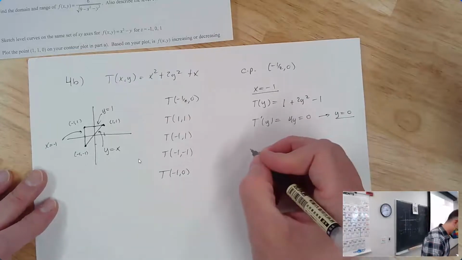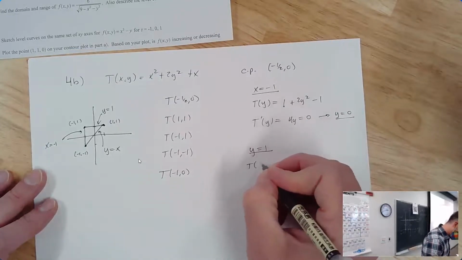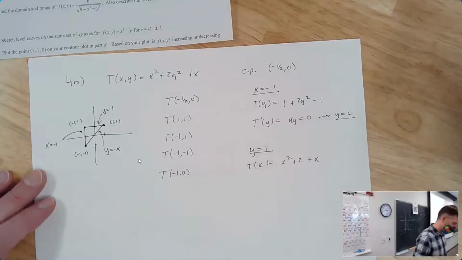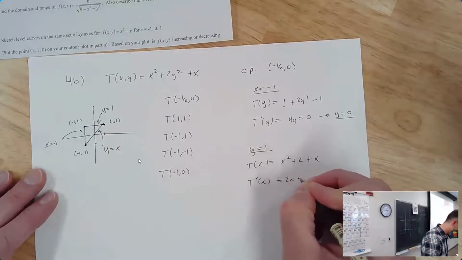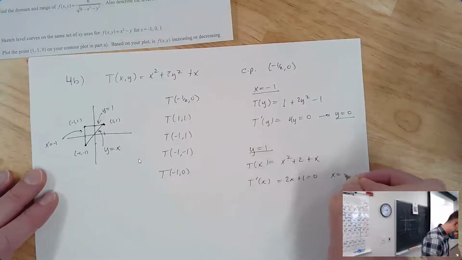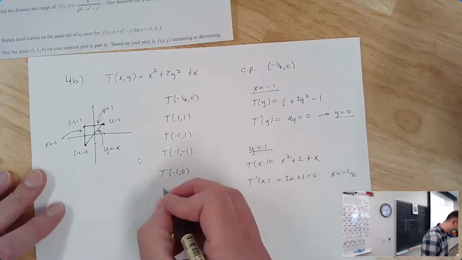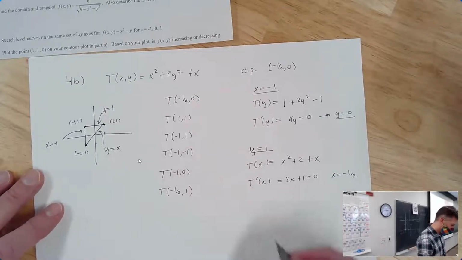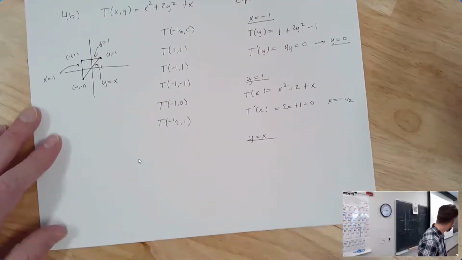And then I'm going to do for y equal to 1, T of x is going to be x squared plus 2 plus x. And the derivative is going to be 2x plus 1 equal to 0. You get x equal to -1/2. So -1/2 comma 1 is another point. And then finally, for y equal to x, it doesn't matter which one you choose to pick.